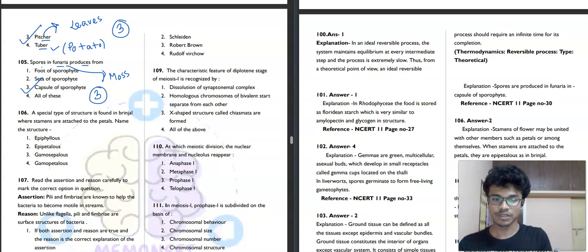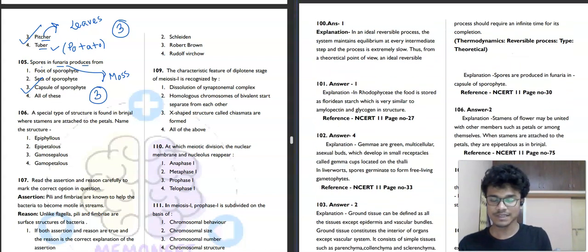Moving towards the next question, 106. A special type of structure is found in brinjal where stamens are attached to the petals. Name this condition. This condition where stamens are attached to the petals is called epipetalous. The second option will be our correct answer.